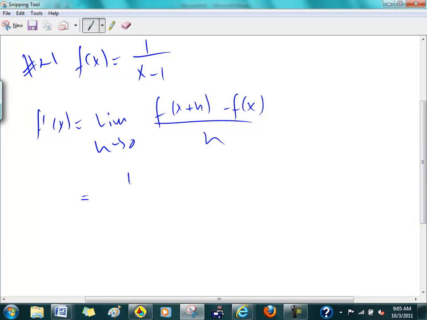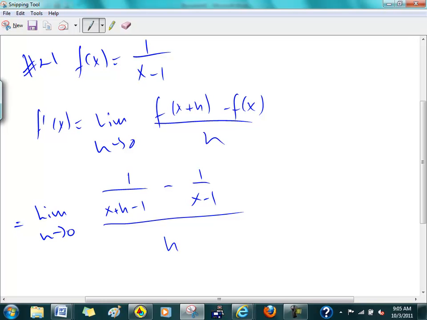So this guy becomes 1 over x plus h minus 1, is everybody with me on that? Minus 1 over x minus 1, all over h. What did I do wrong here? Anybody? Sorry? I didn't put the lim. Yeah, if you don't put the lim, I'm going to deduct points, okay? So be aware.